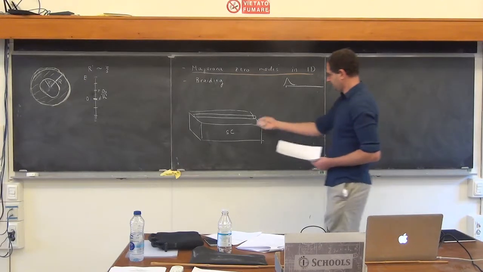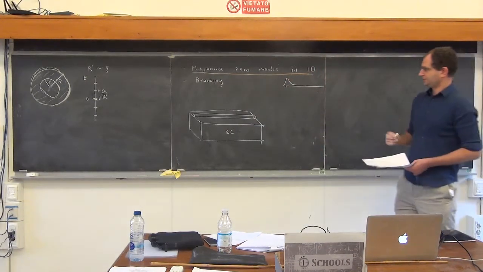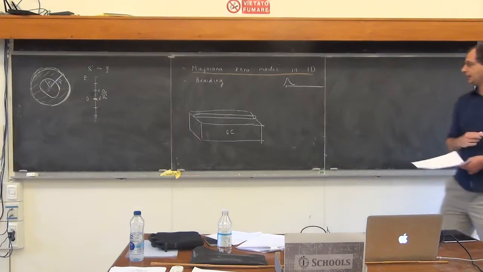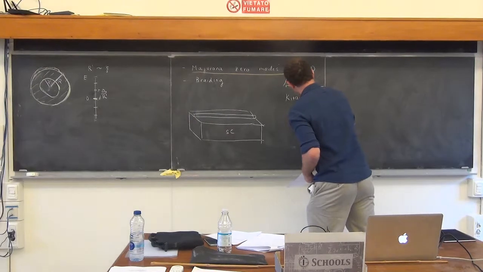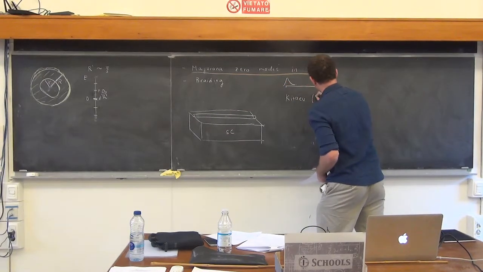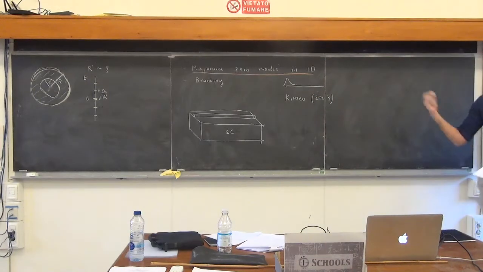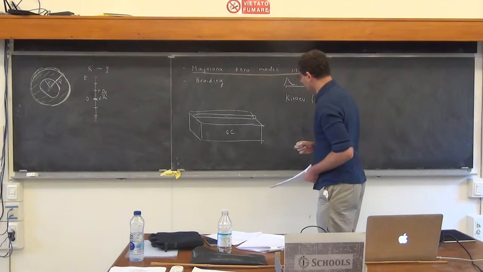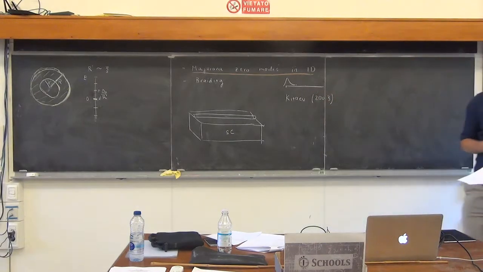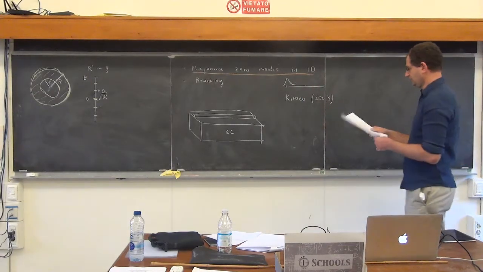Okay, and this kind of system was first brought to our attention by Kitaev in a paper from 2003. He got the results much earlier, but I think that's when the paper was published. I think some people knew about it earlier, but this is the first time it's been written explicitly, I think.